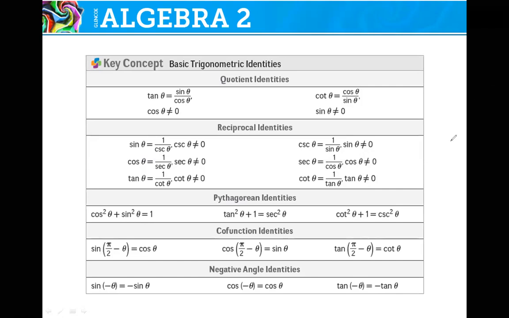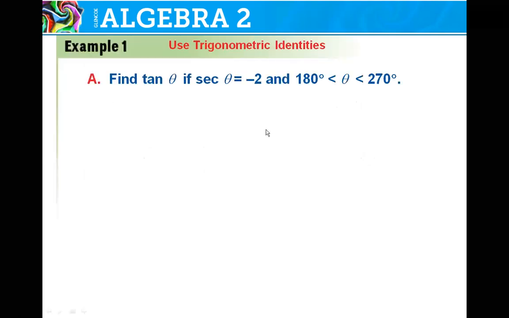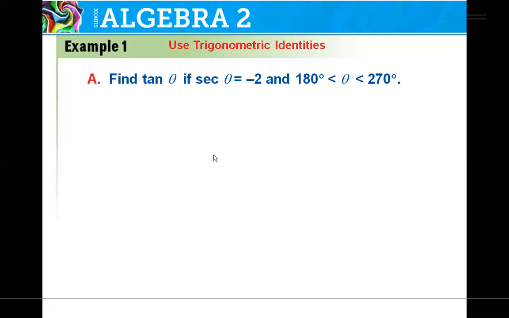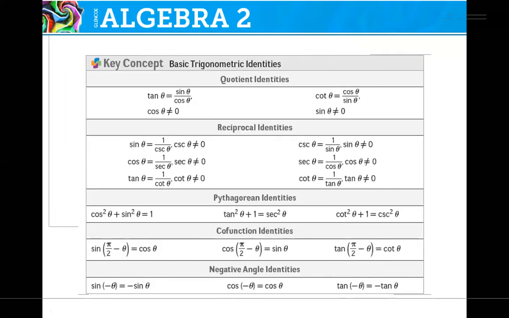Okay. Let's go to a small example. Find tan theta if sec theta equals negative 2. Pay attention with me. I return back to the previous rule.